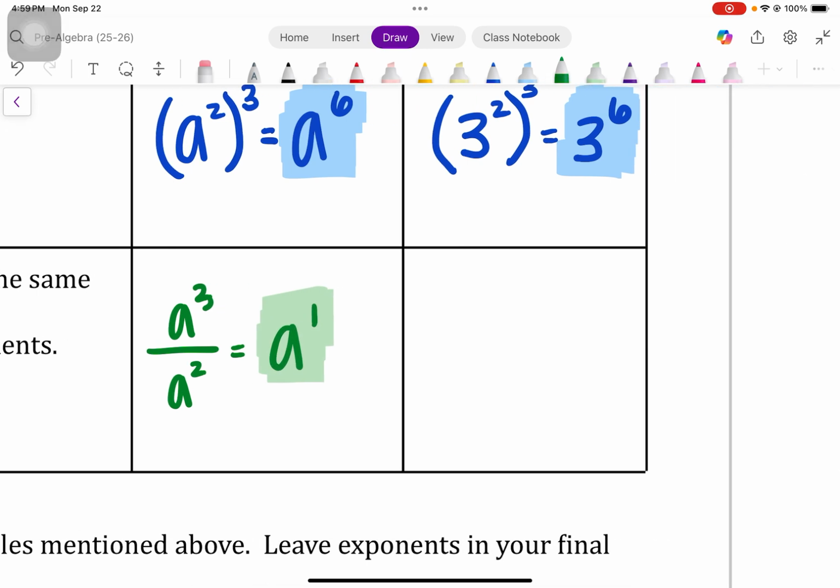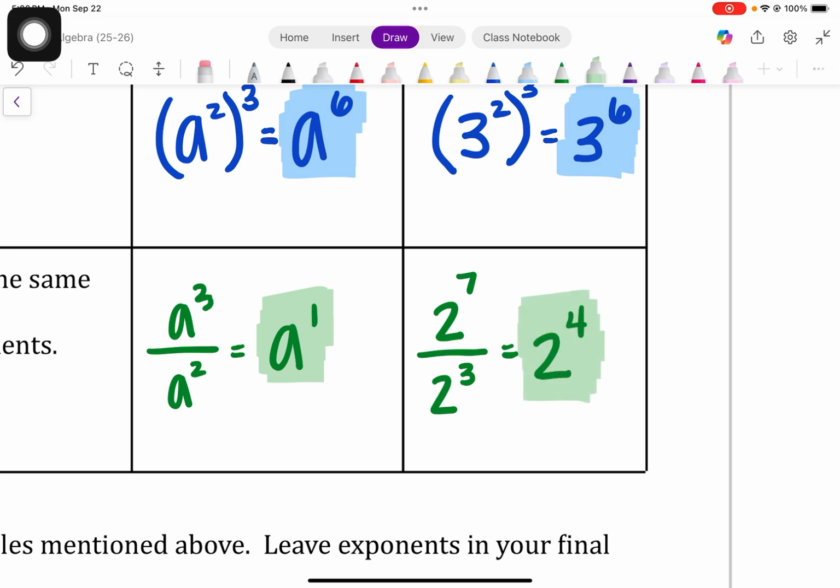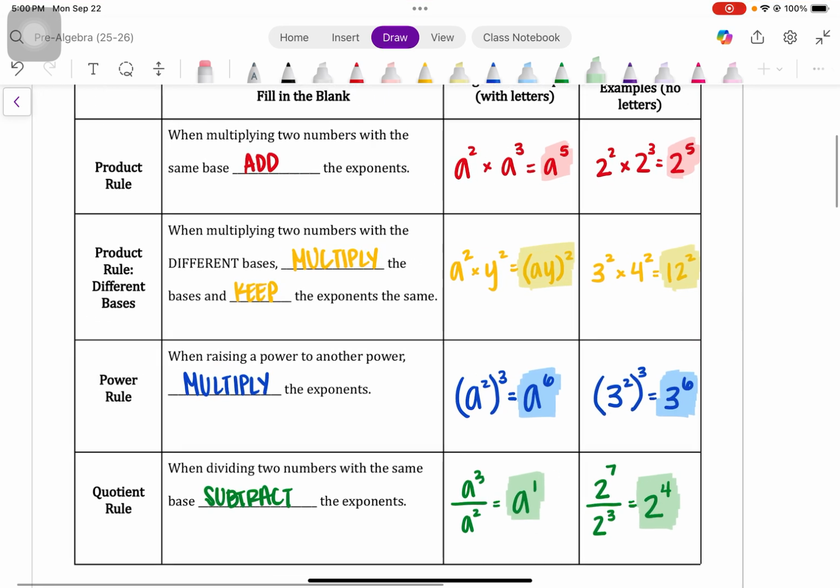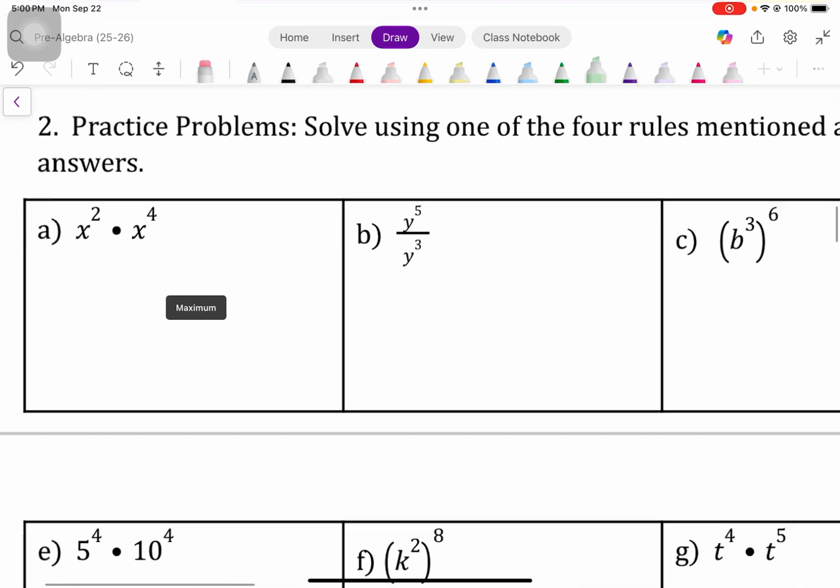And then if we're just using numbers, maybe we're putting 2 to the 7th over 2 to the 3rd, which would be 2 to the 4th, because 7 minus 3 is 4. So using those examples to help us with the problems down below, these are all of the product rules that we learned in 1-5. So let's put this into practice.